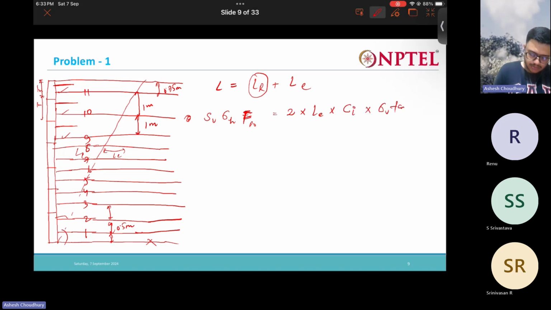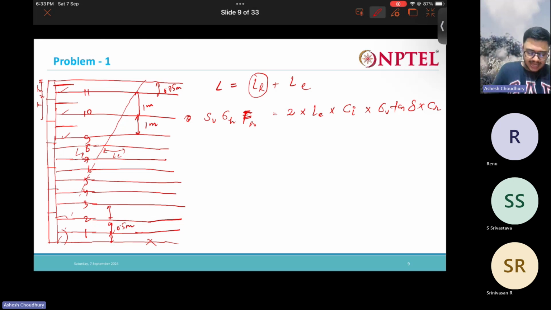So SV times spacing times the horizontal pressure that is coming, times a factor of safety, just to increase it so that you get a higher LE, to be on the safer side. That's why we multiply this with the factor of safety, so that we can get a higher, conservative value of the embedment length.